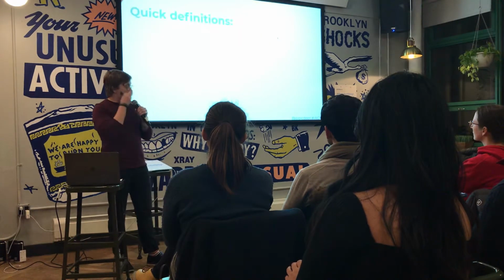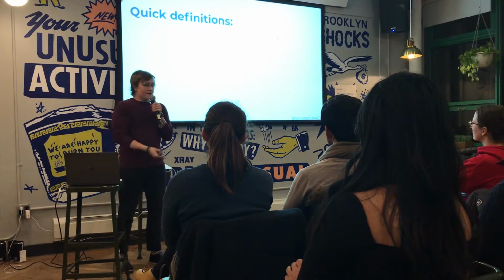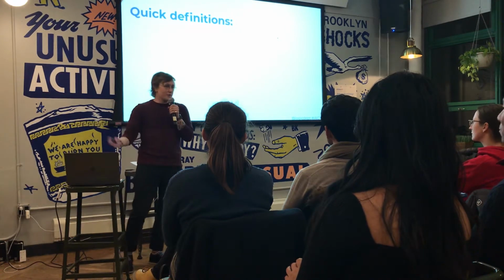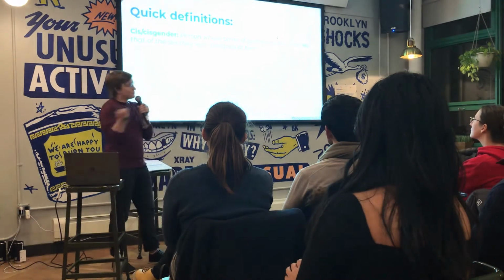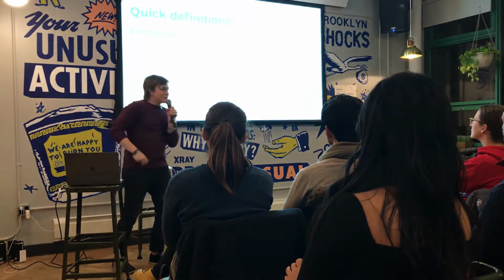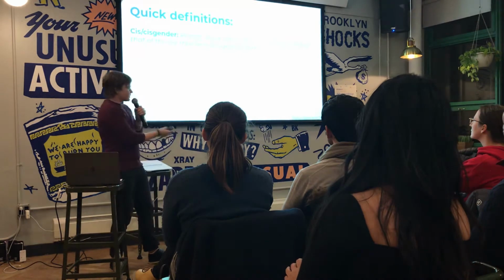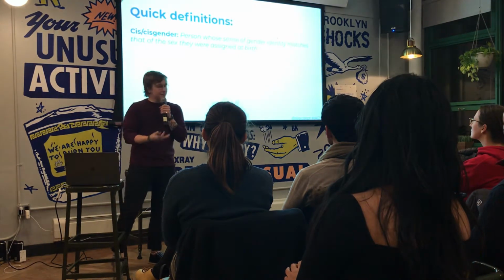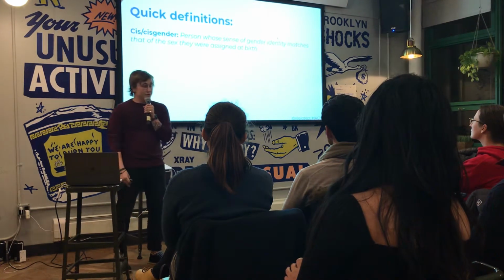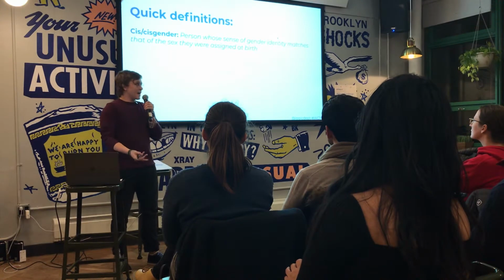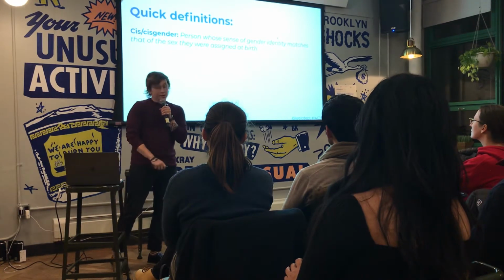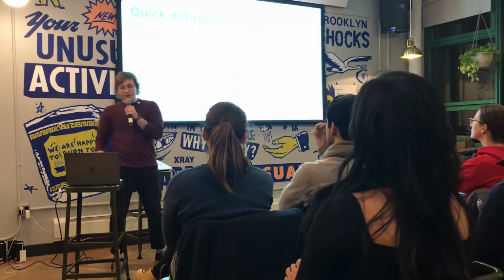Just a few more definitions before we get started. This conversation that we're having today is a lot about the transgender population, so we're just going through some language that I'll be using. So the first definition is cis or cisgender. This is a word that describes a person whose sense of gender identity matches that of the sex that they were assigned at birth. Next we have trans or transgender.